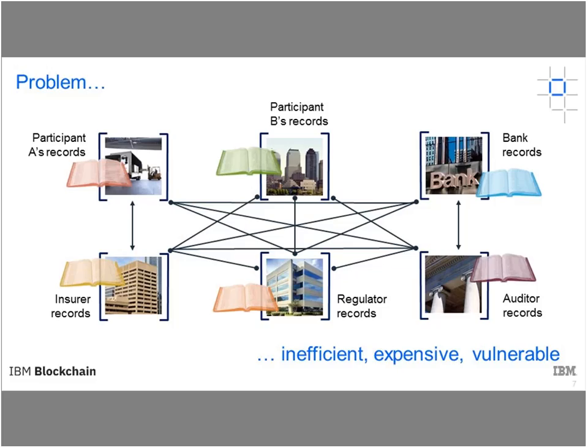So it is inefficient, expensive, and vulnerable. Everybody is maintaining a different structure, so there is a lack of trust, and obviously it is very inefficient, as I mentioned in the previous slides. The same thing has been depicted here, the problem.